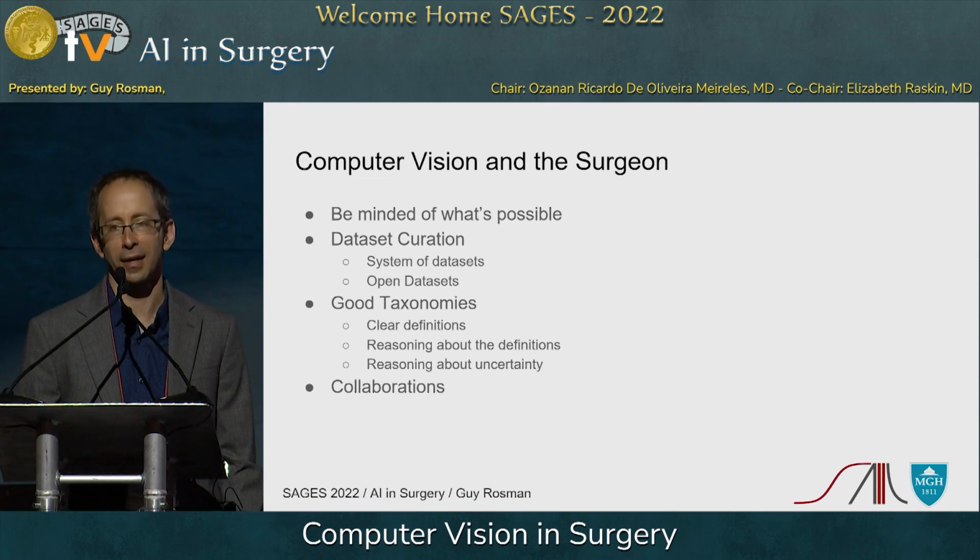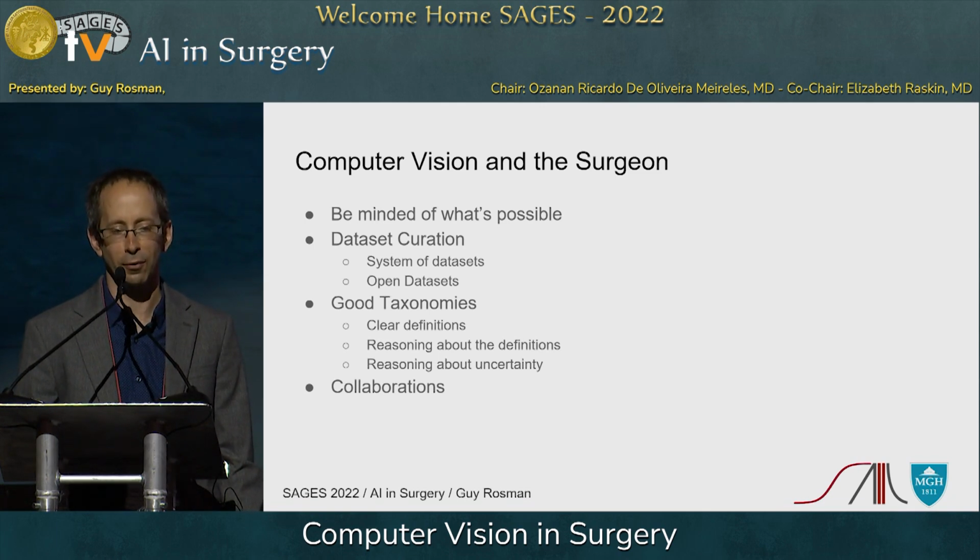Finally, when we look at how to interact with computer vision, you want to be mindful of what's possible, and this is why I focused on the tasks, as you're looking at different scenarios and clinical problems. Datasets are priceless. I cannot stress this enough. It relates both to achieving results, to coming up with new problems to tackle, and also to starting to get a better sense of whether an algorithm will work when it's actually deployed, like Dr. Grancherov mentioned.